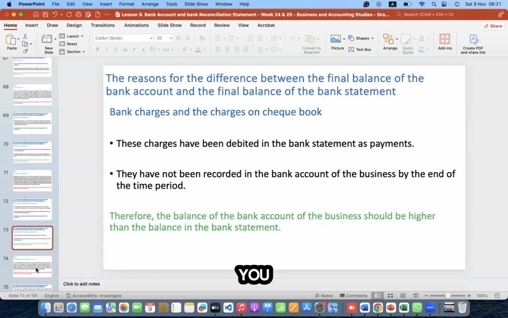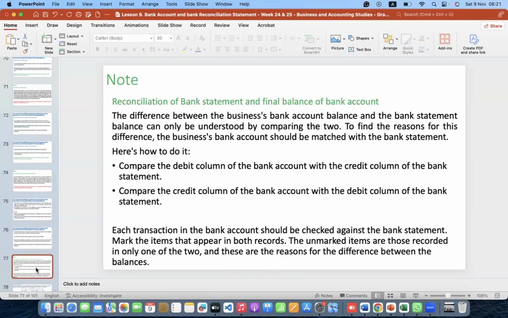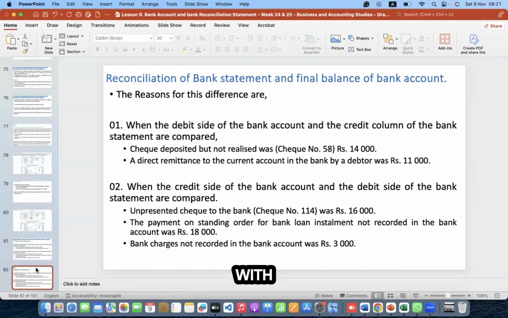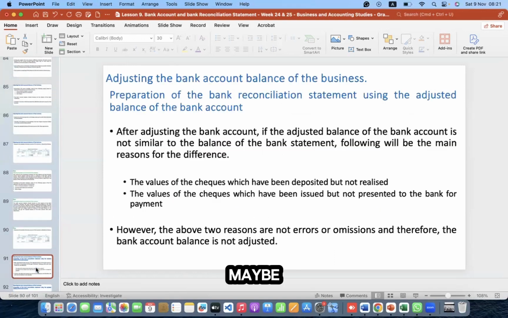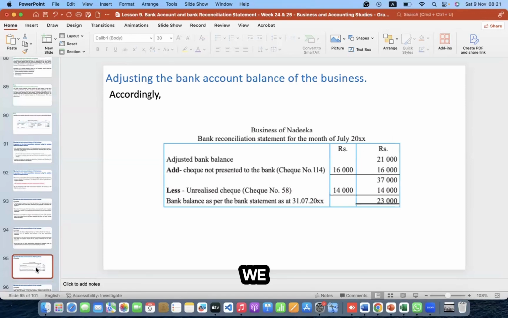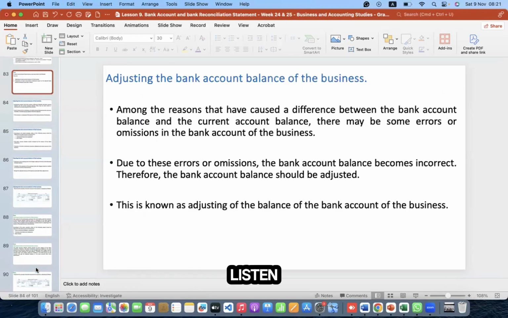These 2 you need to write, and send it to me. And next day we can see how the reconciliation of the bank statement and final bank account balance is happening. So with that we can conclude the lesson. Maybe next week we can conclude that lesson and move on to the next lesson.